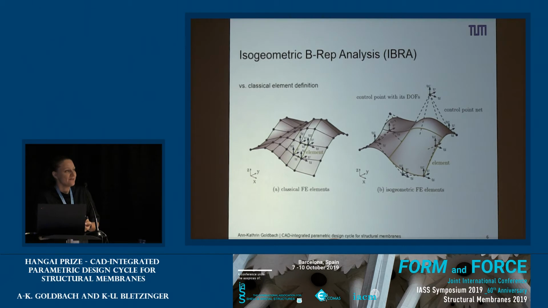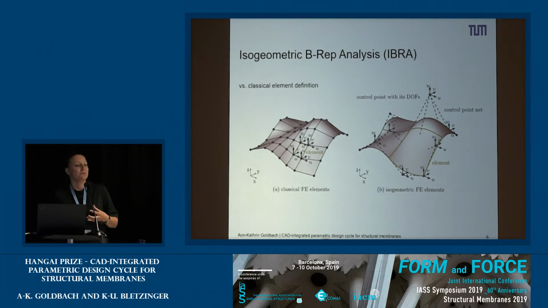What this means for the finite elements is that the degrees of freedom in all directions don't really lie on the surface anymore like they do in the classical approach. You can see that on the left side for one element you have the degrees of freedom on the nodes, so on the surface. And for isogeometric elements, the degrees of freedom are on the control points.